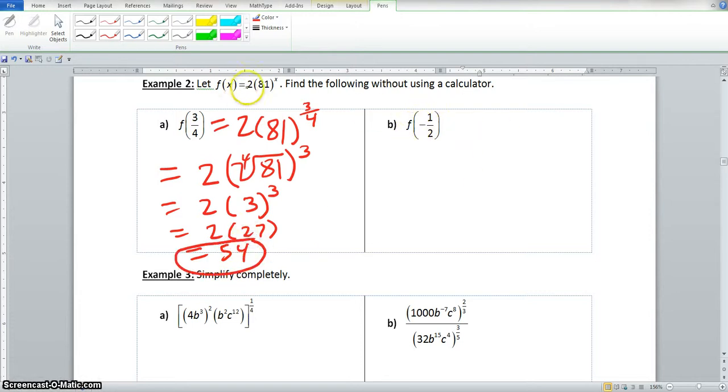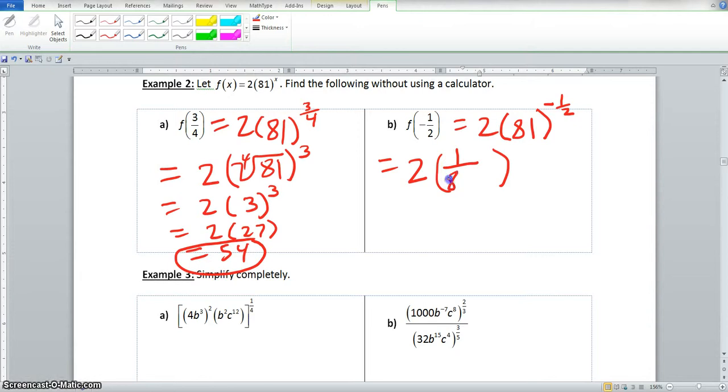Now we come here, same problem. We would substitute in negative 1/2. So we add 2 times 81 to the negative 1/2 power. Now we had 2 times, this would end up becoming 1 over, we could just put this in a parenthesis.